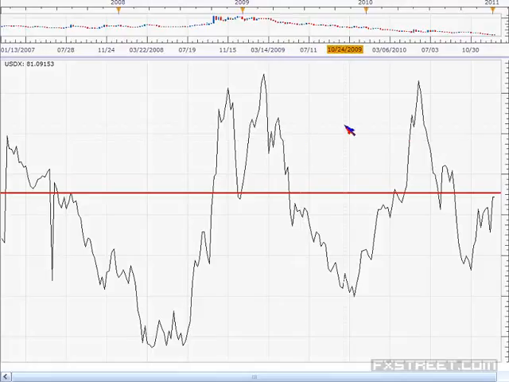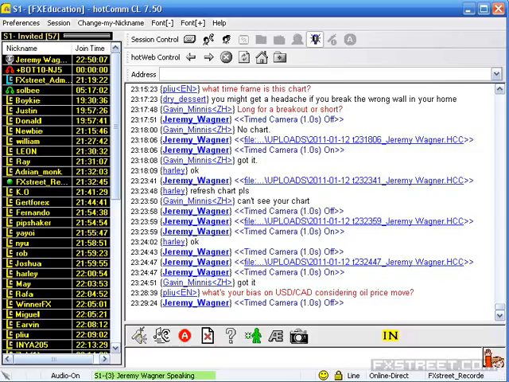What's the bias on, I see the question in there, Plu, on the dollar CAD considering the oil price move? And that's a good question. Let's pop up the dollar CAD. And let me get rid of this line here. Let me pull up my other chart here for a moment.